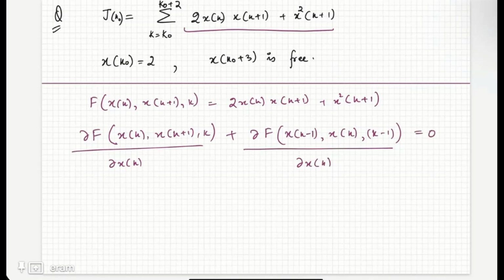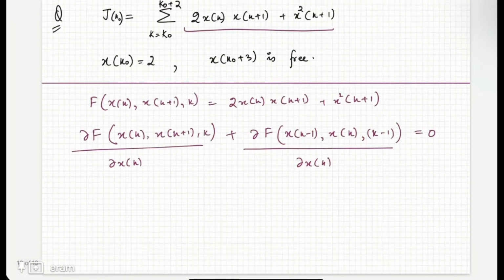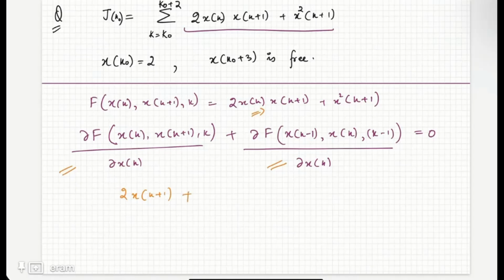This should be 0. Now when we do this for this system, this expression is nothing but its derivative with respect to xk, so it is 2 of xk plus 1. Now when we do this at k minus 1, this will be x of k minus 1, this will be xk, and this will be x square k.